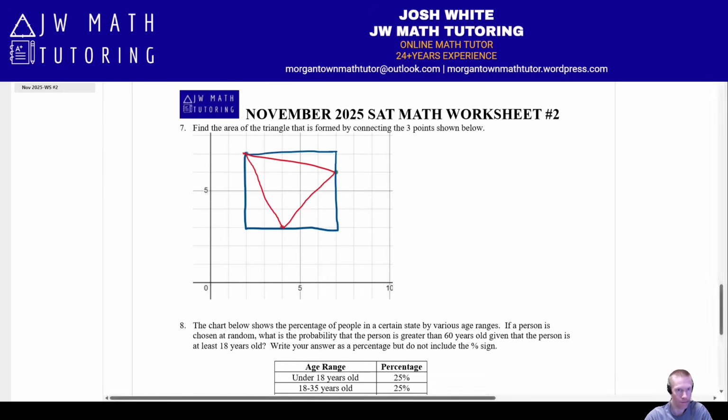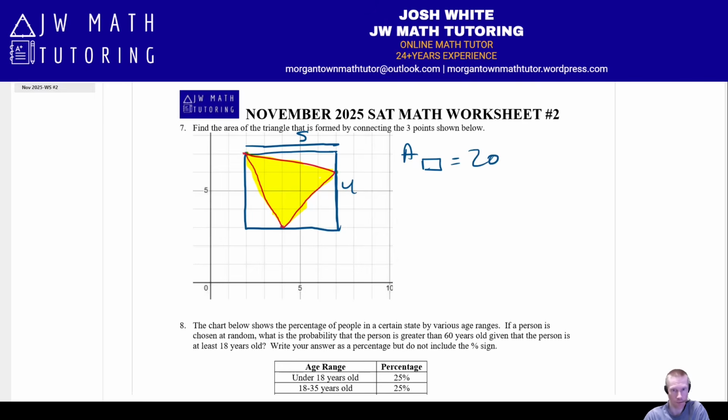Essentially we want all this area inside here, right? That's what we're looking for. So if you do this, the area of the rectangle will be 1, 2, 3, 4, 5 by 1, 2, 3, 4.